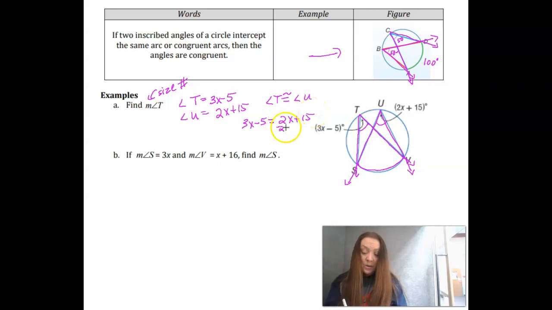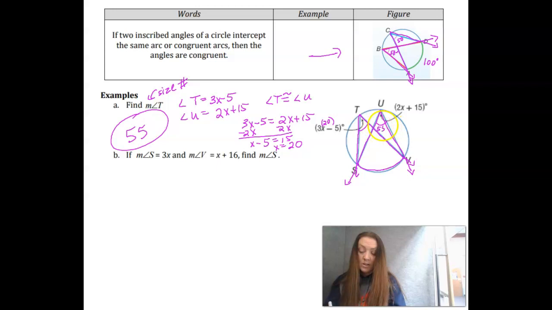So I can subtract 2x, and so x minus 5 equals 15, add 5, and so x equals 20. The issue is the question doesn't ask for x, it wants to know how big angle T is. So wherever I see the x, I'm going to put in 20. So 3 times 20 is 60, 60 minus 5 is 55. And that's how big angle T is, which means angle U is 55.